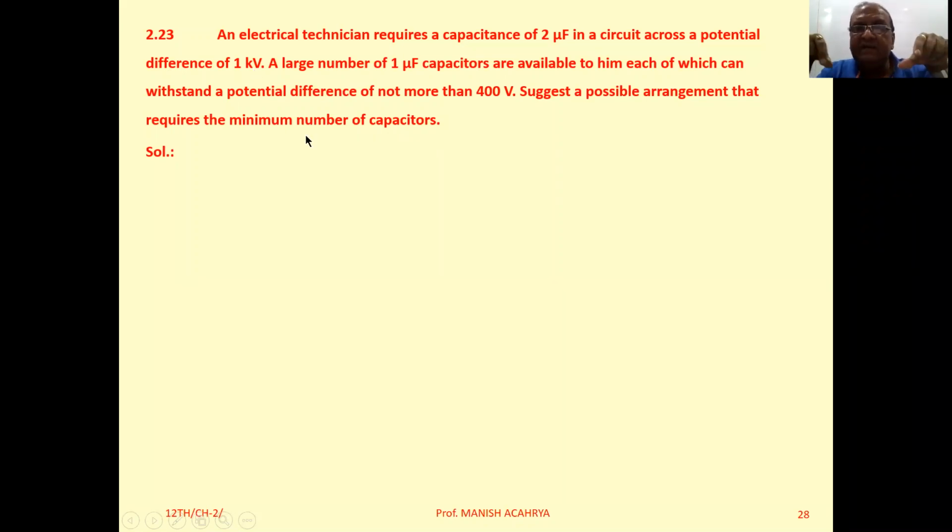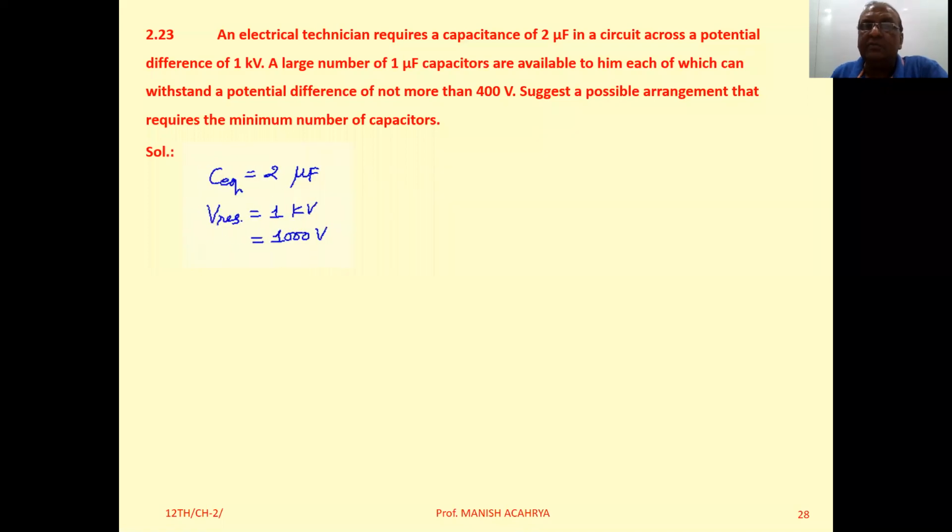It implies that he has to arrange these 1 microfarad capacitors in such a way that the resultant capacitance comes to 2 microfarad, and that particular combination of capacitors which gives the resultant capacitance of 2 microfarad can withstand up to 1 kilovolt, means 1000 volt.